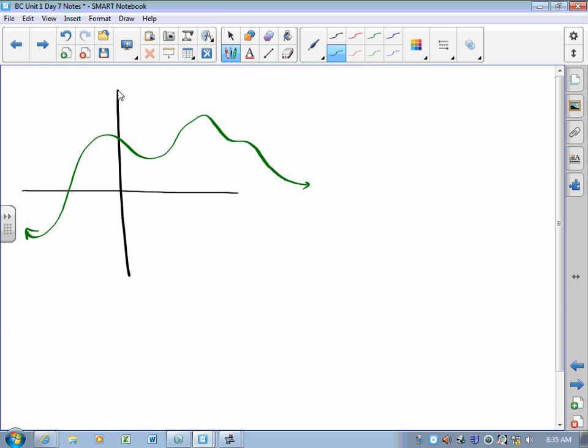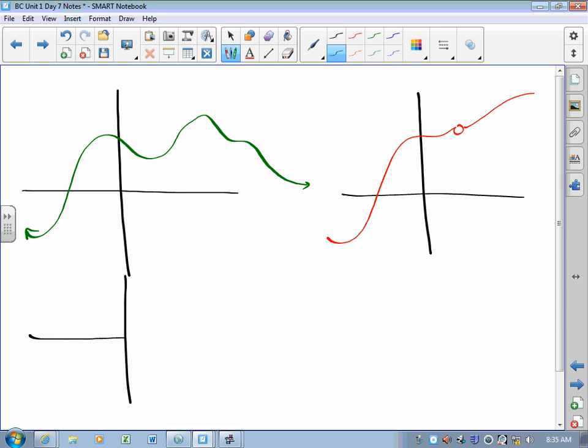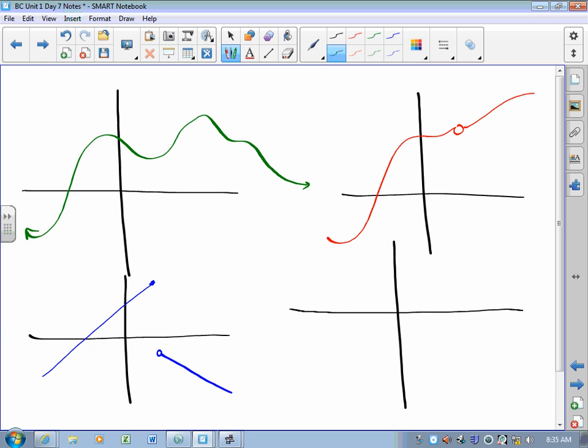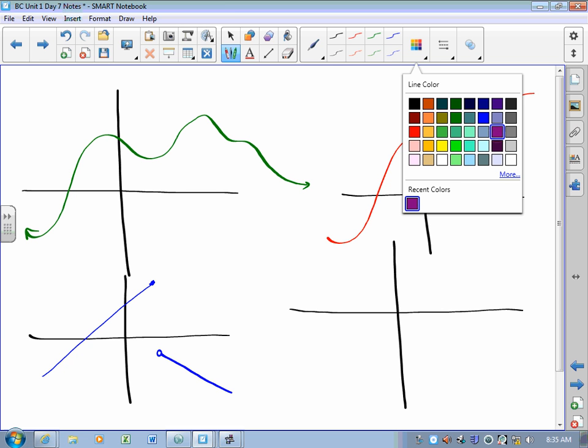If at any point you have to pick your pen up from the paper because there's a hole in the function, or because the function jumps from here to there, or because I should go purple here, but I can't. Can I? I can.